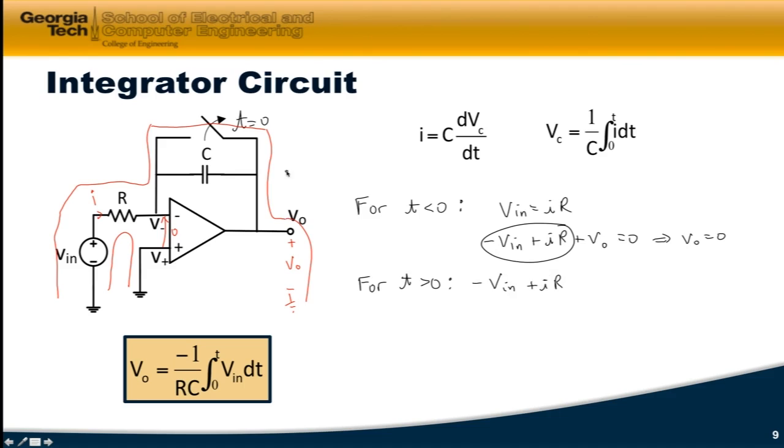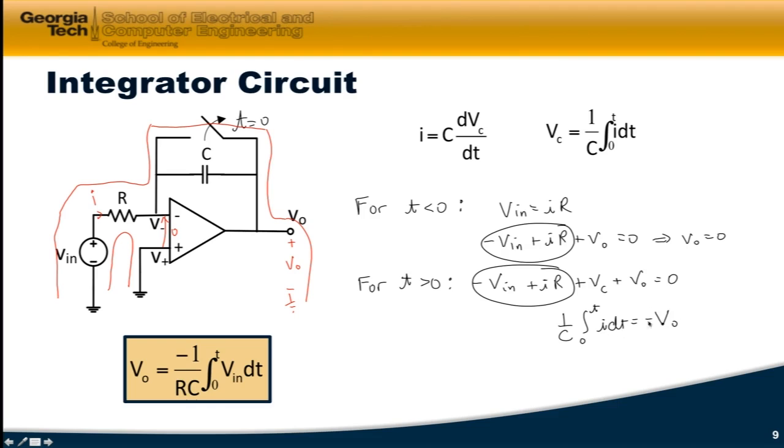Now I have to go through the capacitor, and that capacitor voltage is, I'll call it V sub C, plus V0 is equal to 0. Well, let me substitute in. Again, this part cancels out, and let me substitute in for V0 from here. So we get 1 over C, the integral from 0 to t of I dt is equal to minus V0.